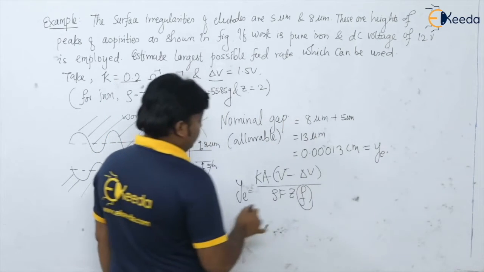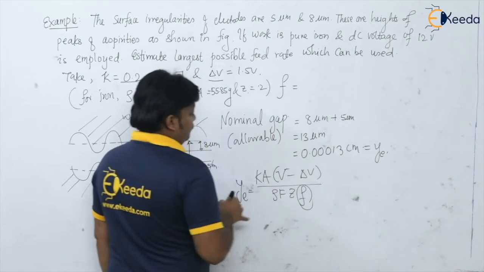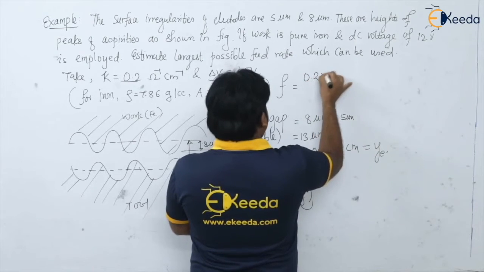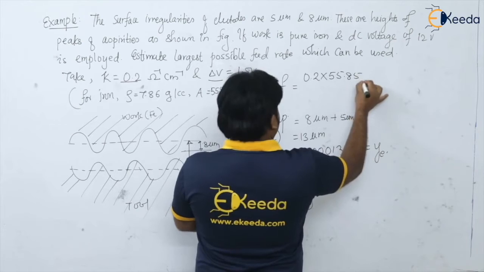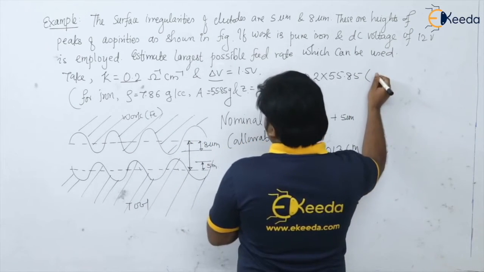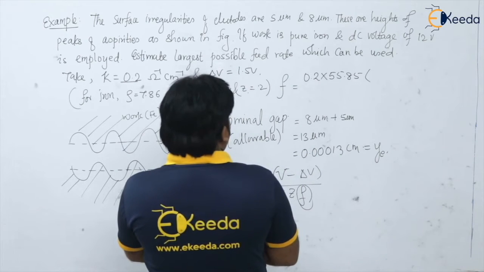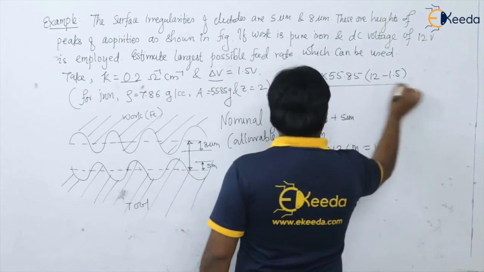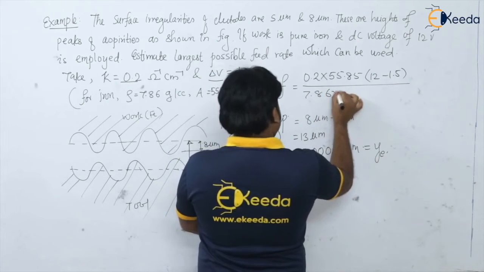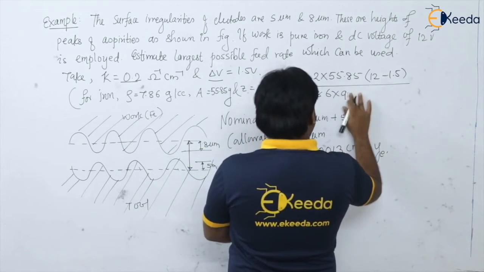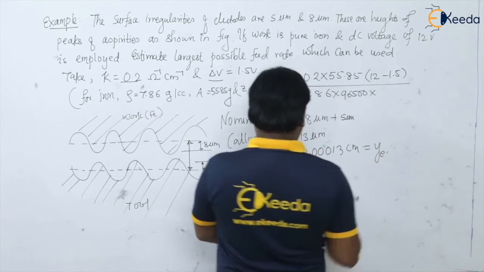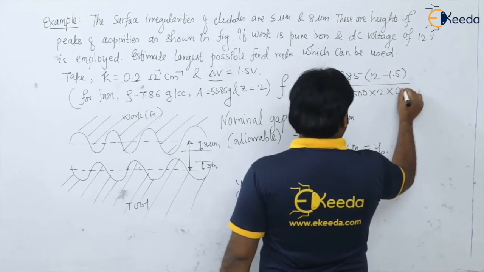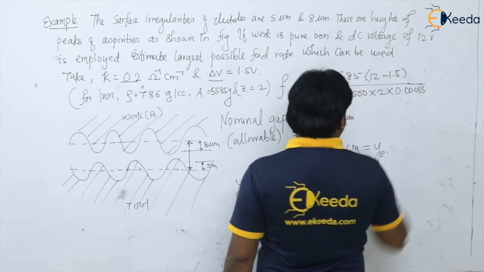So this feed rate we can write F is equal to K, this is 0.2, into A, 55.85, into V minus delta V, that is supplied voltage 12 volt minus over voltage 1.5 volts, divided by density 7.86 into F, 96500, into valency 2, into equilibrium gap, which is how much now? 0.00013 centimeter. Isn't it?